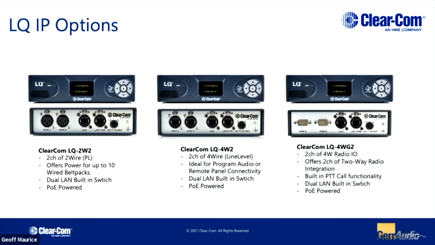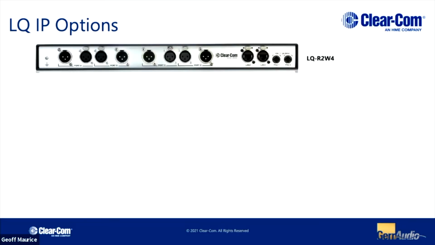So this allows us to take advantage of the PTT circuitry in the wireless radios so that we can bridge on to a radio network for up to two different channels. So in addition to linking sites together or having Agent IC on board, you can tie into a walkie-talkie style of system.